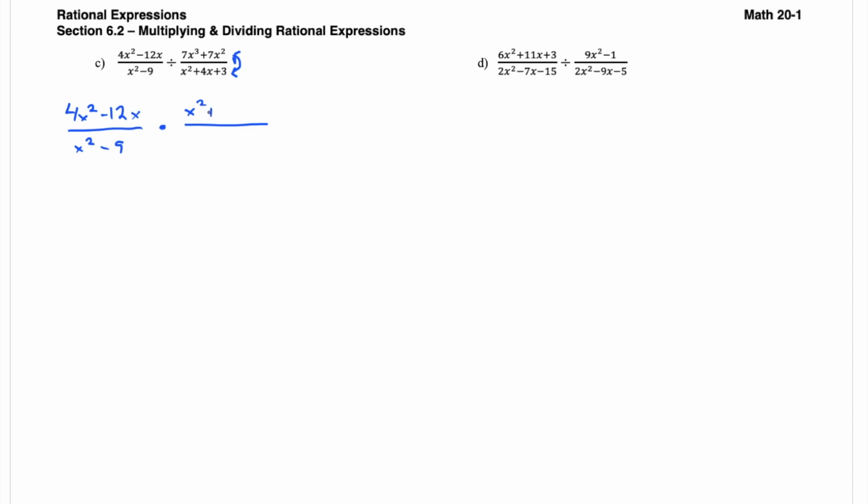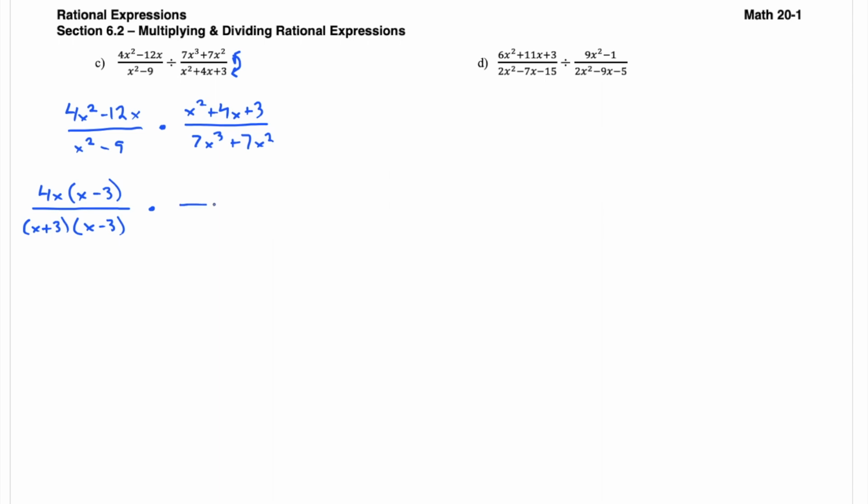So then we'll get x squared plus 4x plus 3 in our numerator. We'll get 7x cubed plus 7x squared in our denominator. Now it's just a multiplication question as we've done before, and so we'll start by factoring. I can factor a 4x out of my numerator here. That's just going to leave me with x minus 3. Then I have a difference of squares in the denominator, and so that'll be x plus 3, x minus 3.